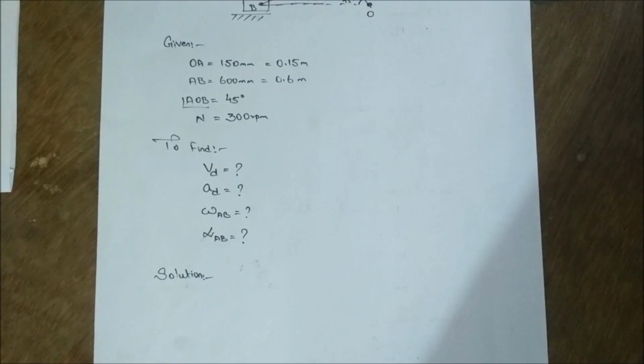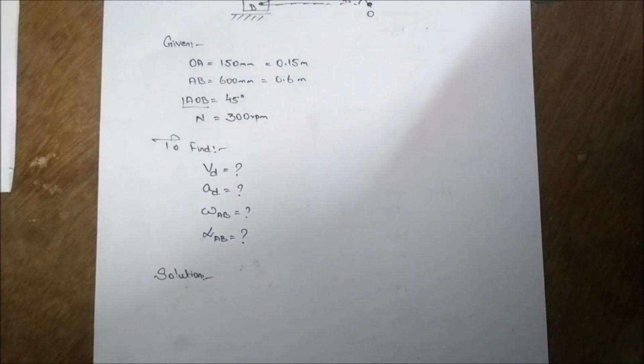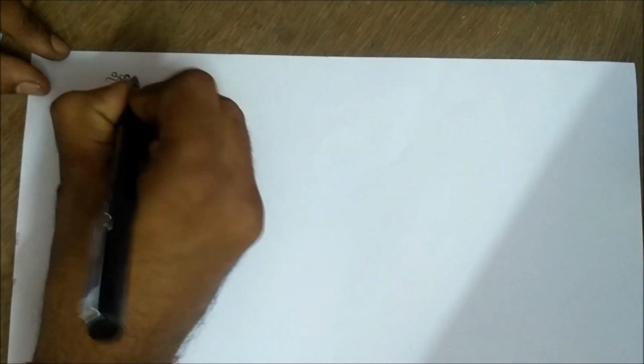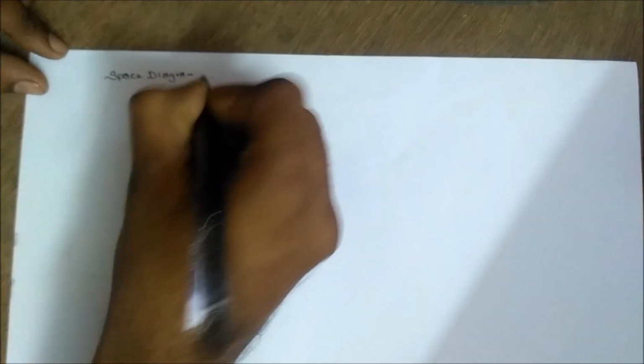Whenever we start with the solution, the first thing we need to do is the space diagram. The space diagram is the utmost important thing for a graphical method. So I'm starting with the space diagram here. Now see the question.